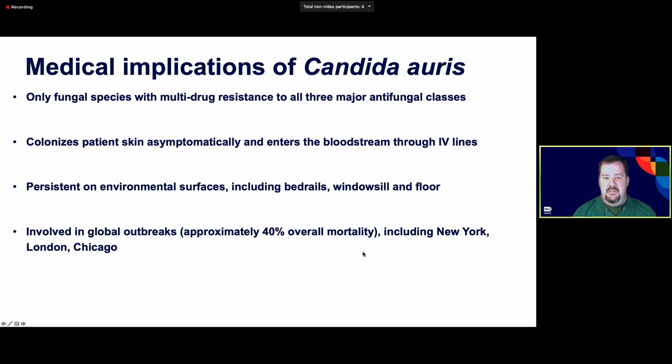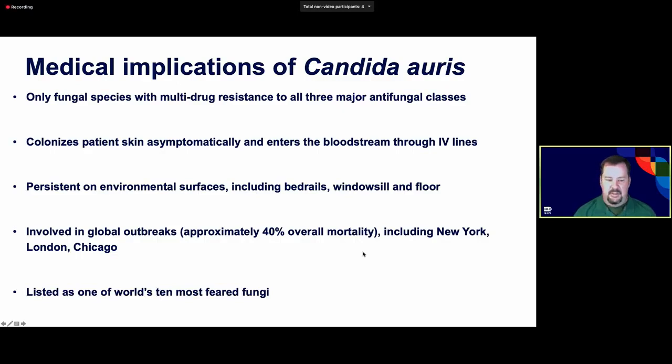So this is something that we're actively studying right now, trying to understand how the microbiome, is there something about the microbiome that predisposes somebody to becoming colonized with Candida auris, either the fungal microbiome or the bacterial microbiome. And some of our work is beginning to bear out some conclusions about that.